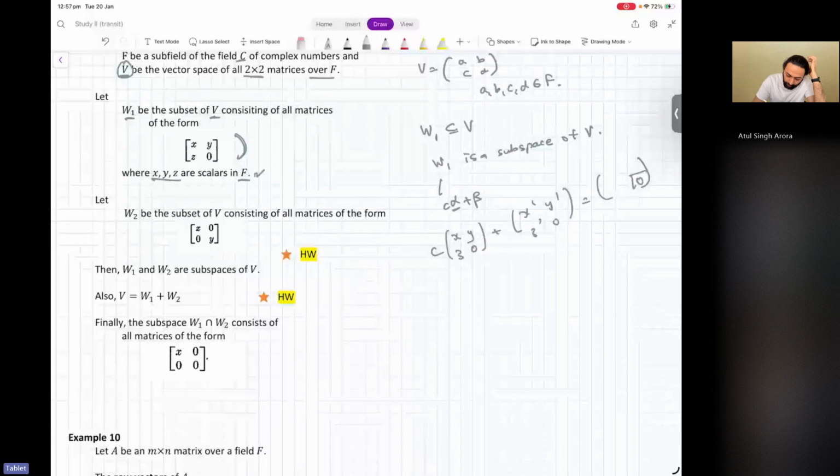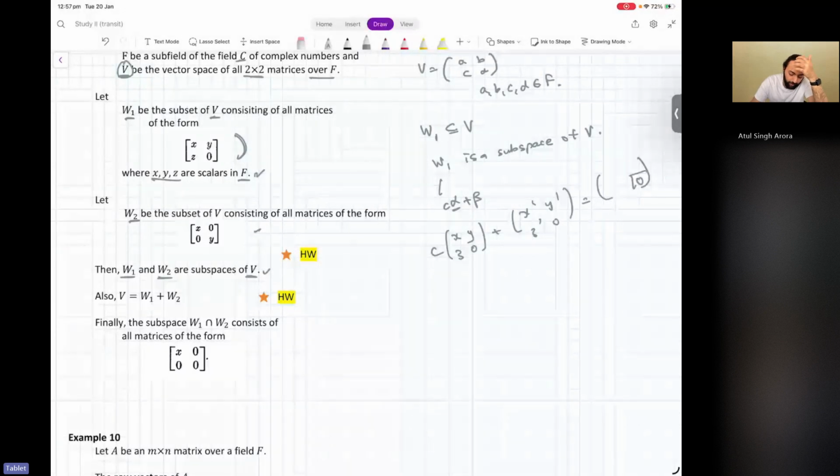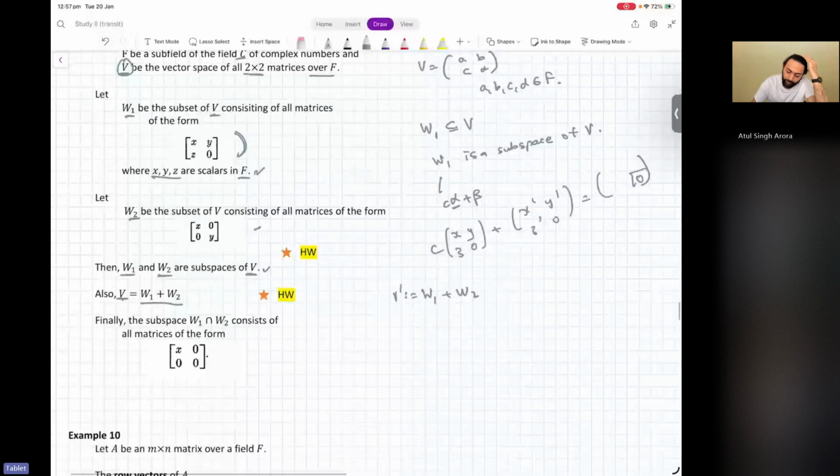Okay, perfect. One can do something similar with W2. It's just diagonal matrices, so one can check that W1 and W2 are both subspaces of V. This we just did. Also, consider V prime as W1 plus W2. What is this going to be?